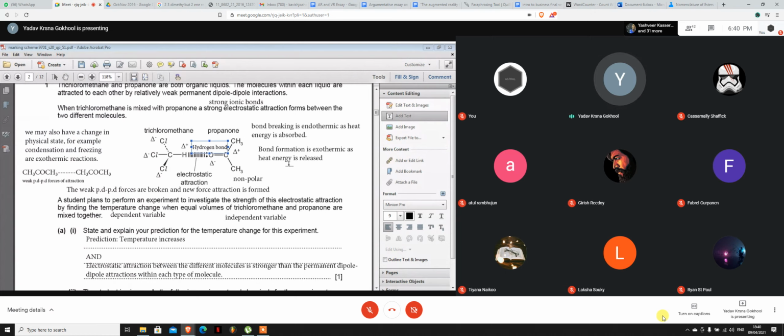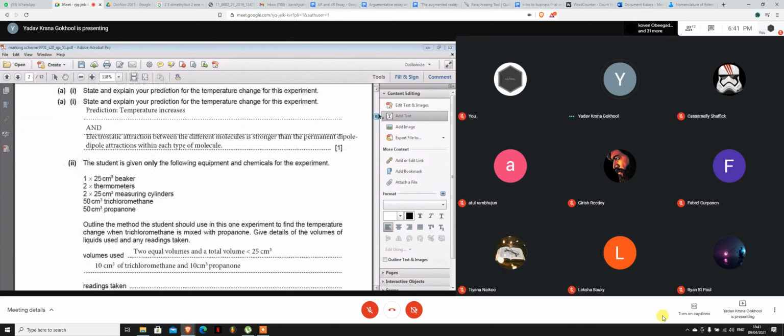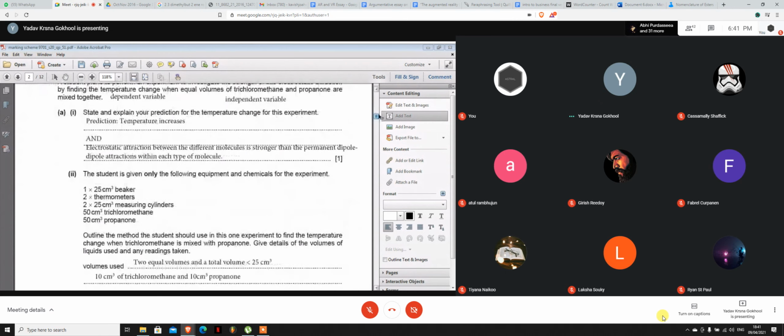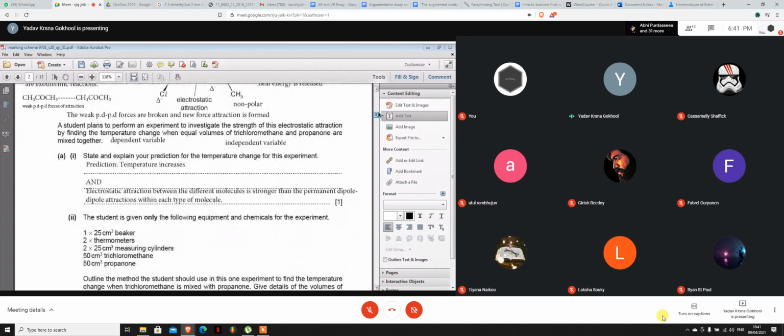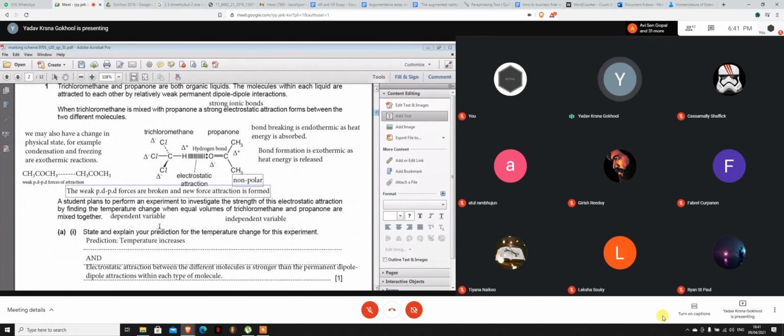Okay, so please just write it down somewhere because I don't have much space to write this down here. So you write down prediction: temperature decreases. Write down like it is here.